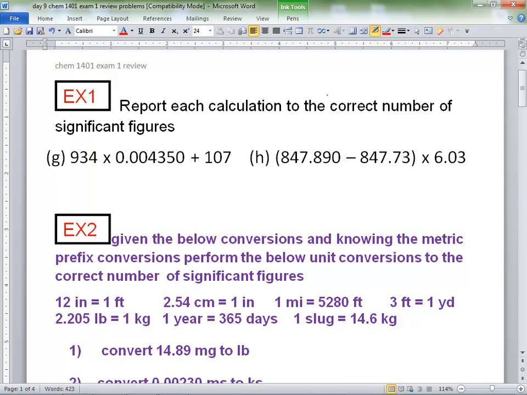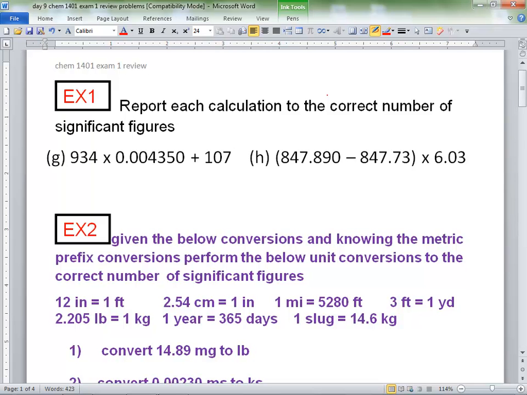But sig figs in calculations, Allison, we had 2 things to worry about. If we were multiplying, right? Let's just do this in our calculator. If you're multiplying, you had to report your answer to, do you remember, Allison?